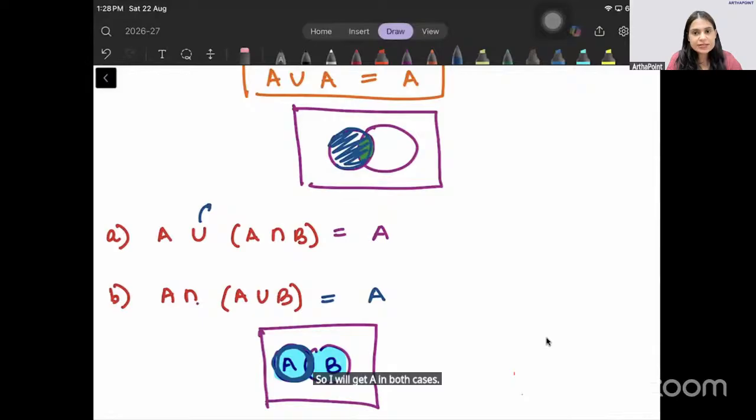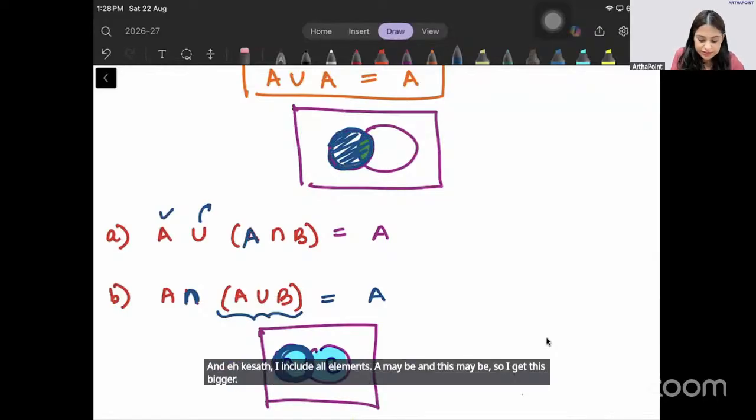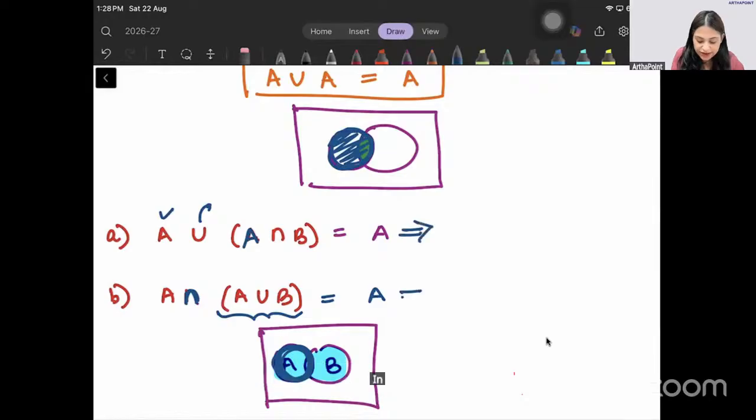Is it making sense? दोनों में A आ रहा है. यहाँ पे A union B का A के साथ common area निकाला. So I get A. और यहाँ पे A intersection B and A के साथ I include all elements. A में भी and this में भी. So I get this bigger. In both cases, you are getting back A only.